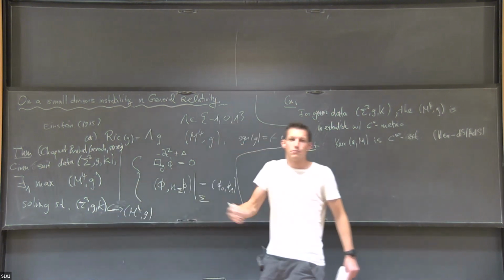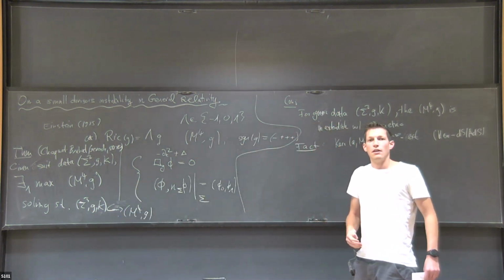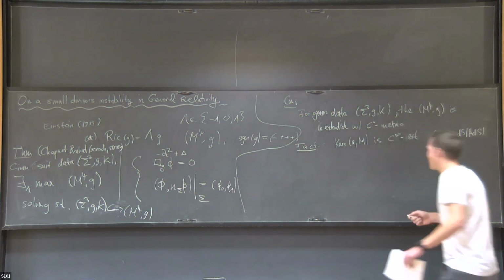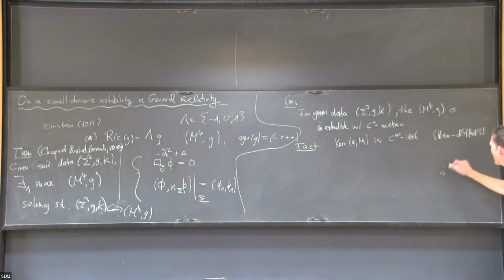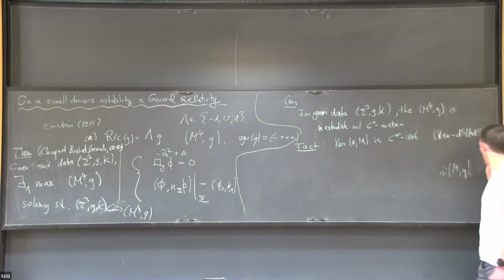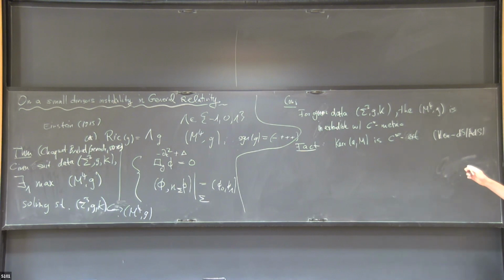I mean, the question is whether there exists an embedding of (M, g) into another Lorentzian manifold, such that the image of the map is not the whole thing. That's the obvious version of extendable. And you'll clarify what you mean by generic, I'm sure.